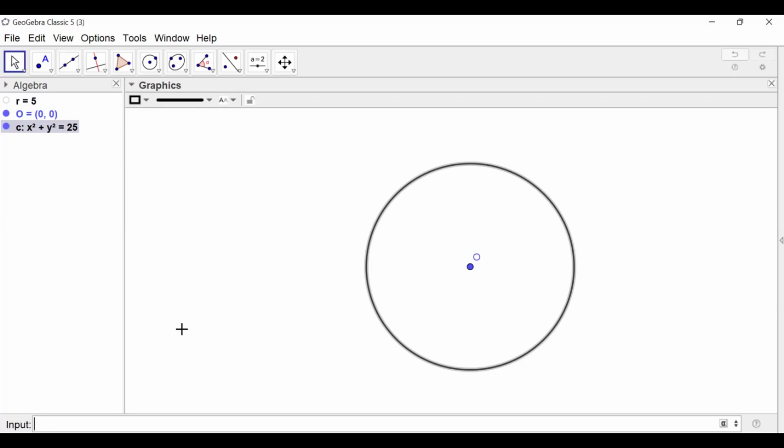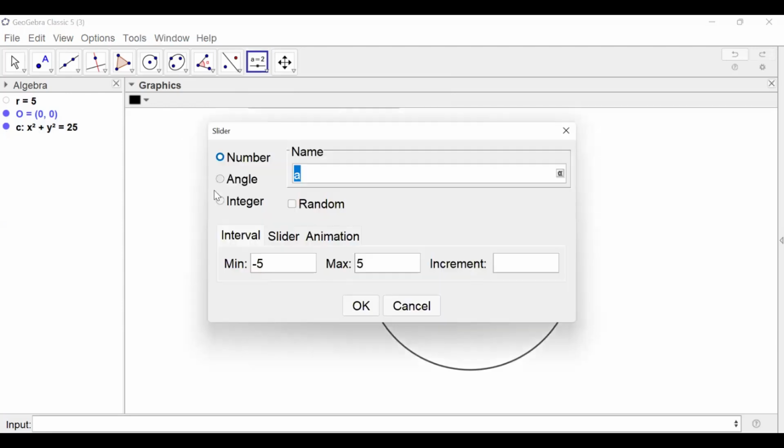Of course, if this is your first time seeing GeoGebra, it may be confusing, but the principle I want to demonstrate will become very much clear after I am done building the quadrilateral. So I'm going to define a slider. I'll go to the slider tool, and I need the slider to be my angle.